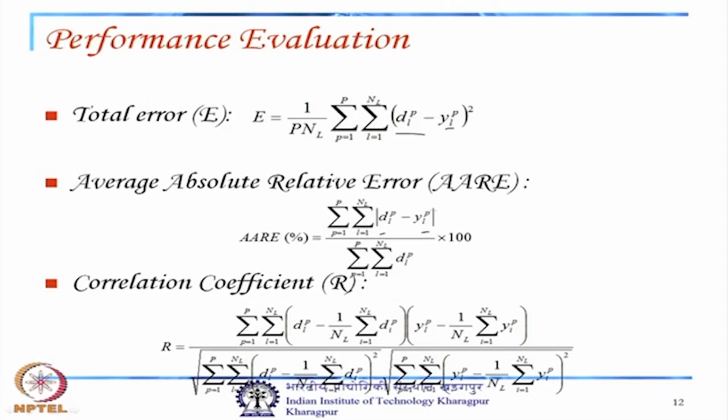So, this is basically number of layers, and we can also find out this correlation coefficient to check the accuracy of the ANN models.